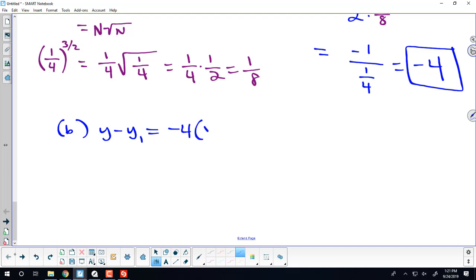Negative 4 times x minus 1/4. So you need to find that point. That y value is just f of 1/4. And then you've got your equation for your tangent line. Anyone have any questions on that?